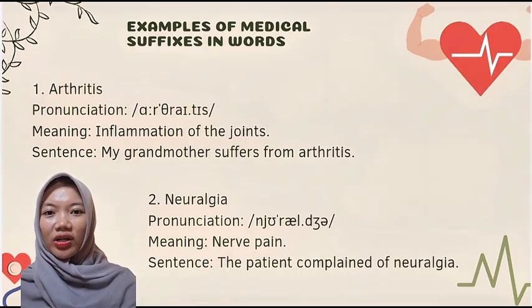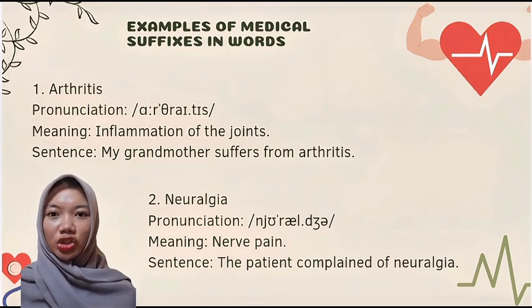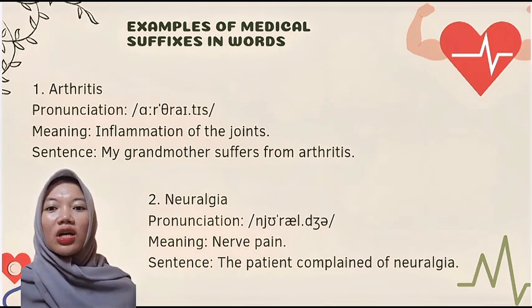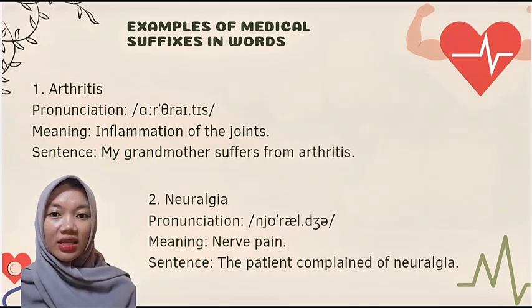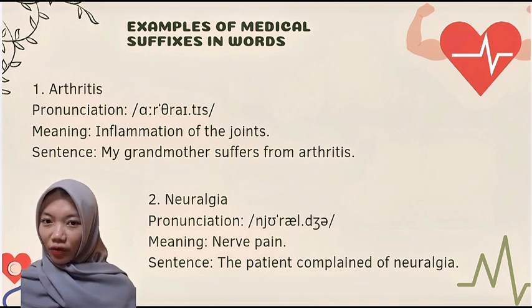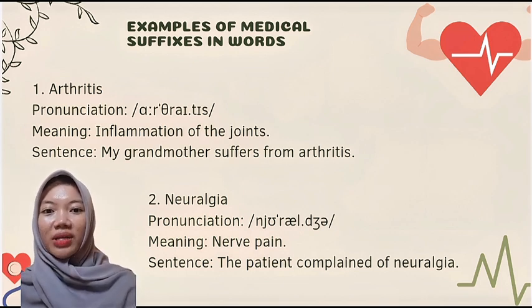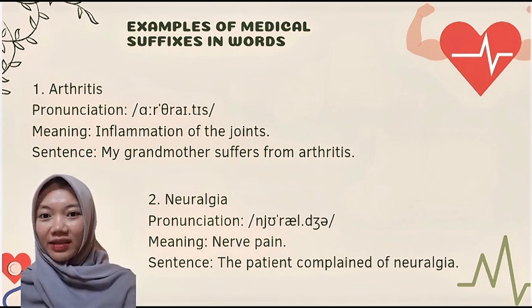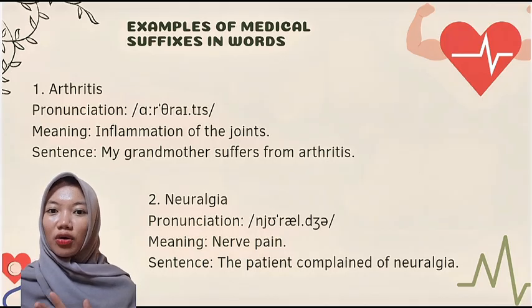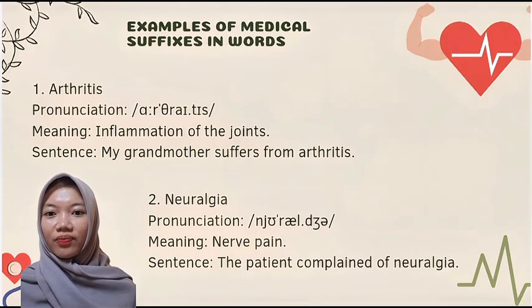The second word is neuralgia. The pronunciation is neuralgia. Neur refers to nerves, and the suffix algia means pain. Therefore, neuralgia means nerve pain. The example sentence is, the patient complained of neuralgia.